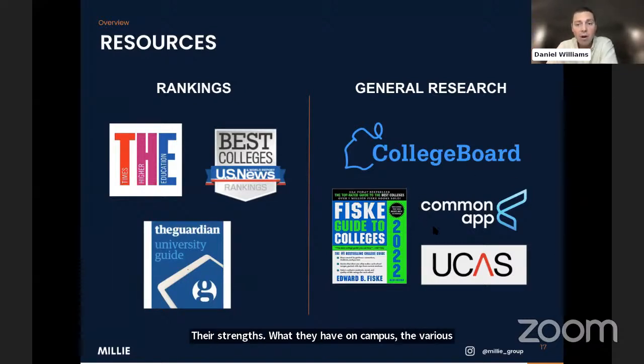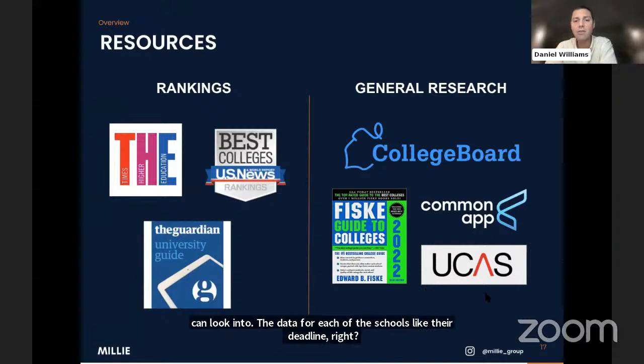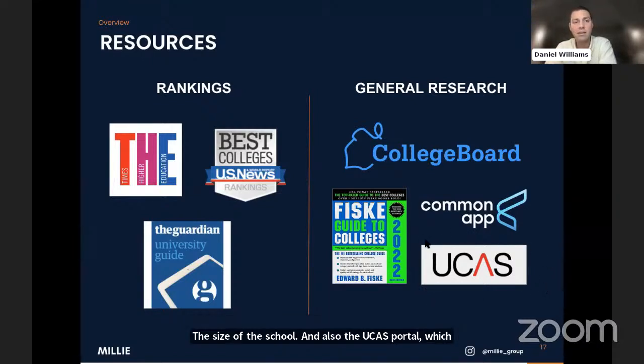The Common App also has a search function where you can look into the data for each of the schools, like their deadline, the size of the school, and also the UCAS portal, which we also discussed earlier, is a fantastic resource for figuring out the entry requirements, where you want to apply based on location in the UK.